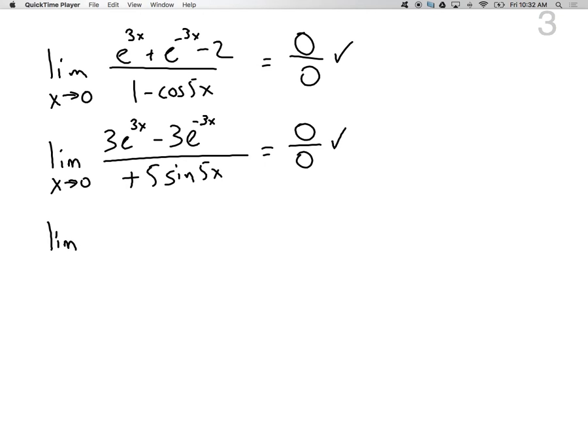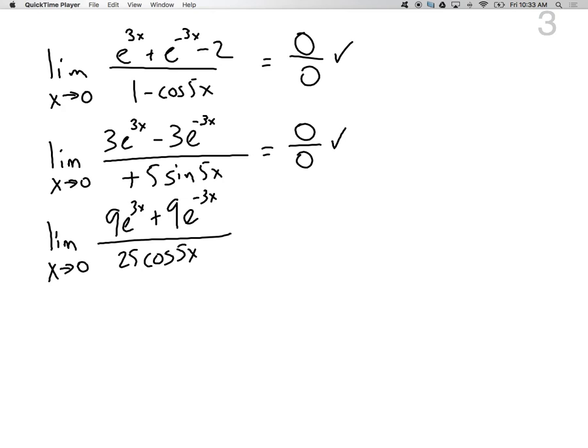Ben, how's it going? It's going well, thank you. Do it again. Okay, 9e to the 3x plus 9e to the negative 3x, over 25 cosine 5x. Negative. That's negative, right? No?